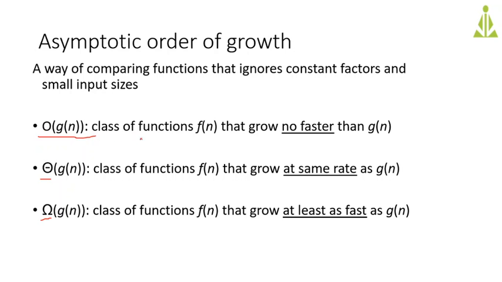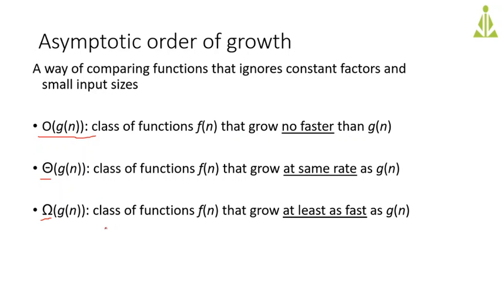Big O means the class of functions f of n that grow not faster than g of n, so it works on an upper bound. Whenever we solve any problem, we give the maximum time.